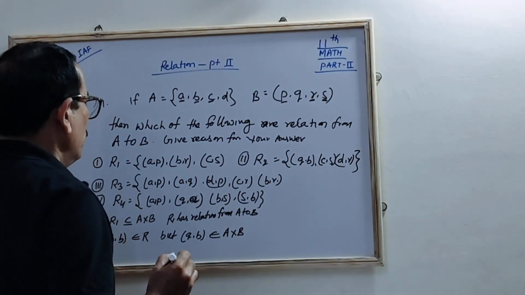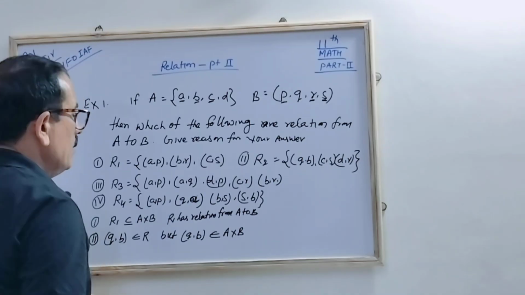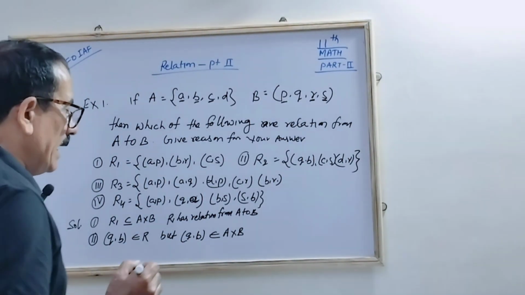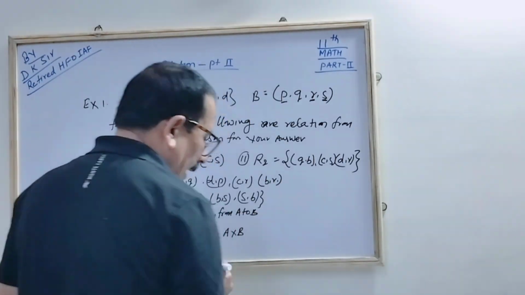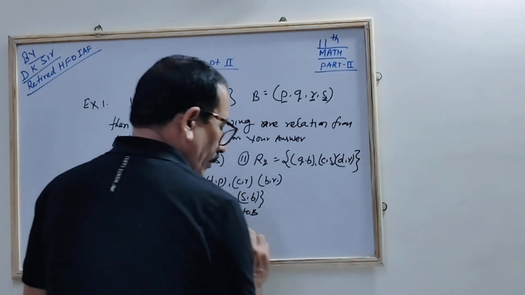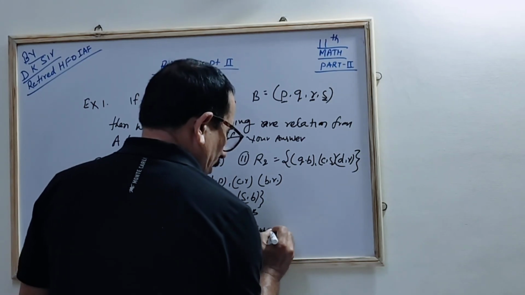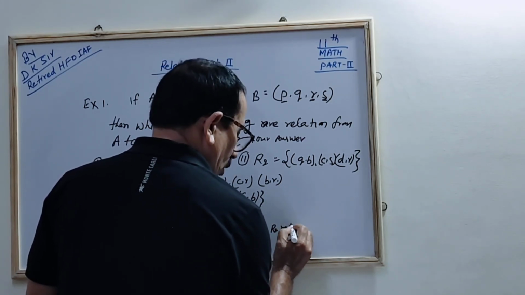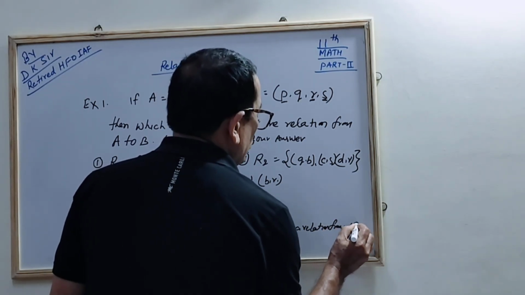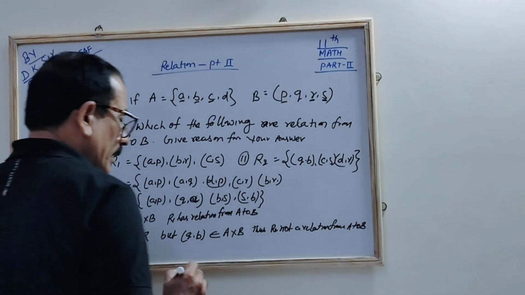Here Q is first, so it could be an element of B × A, but it cannot be an element of A × B. Thus R2 is not a relation from A to B.